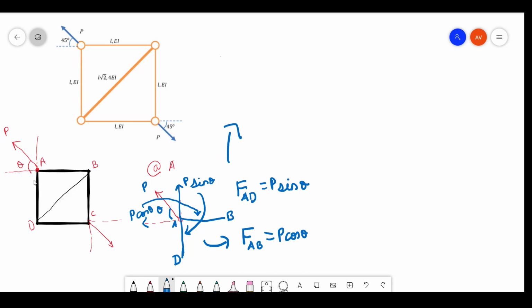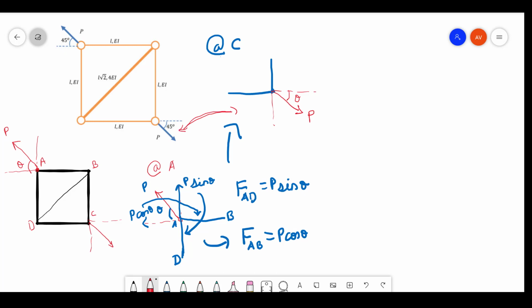Similarly, if you draw for point C, this is your member, and this is P, and theta is as given here.